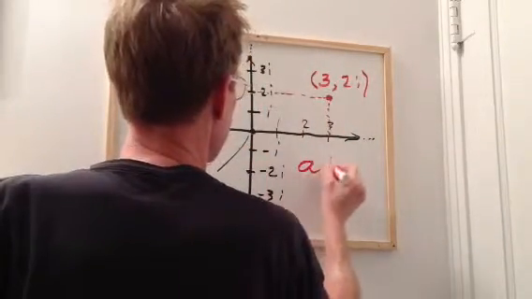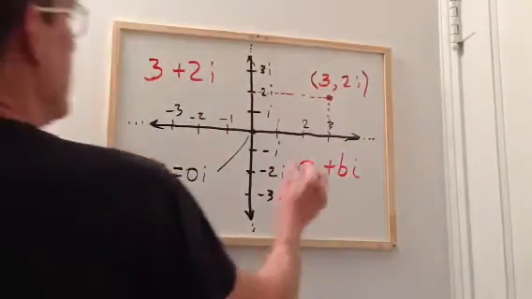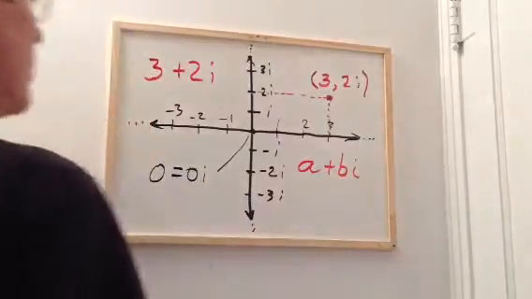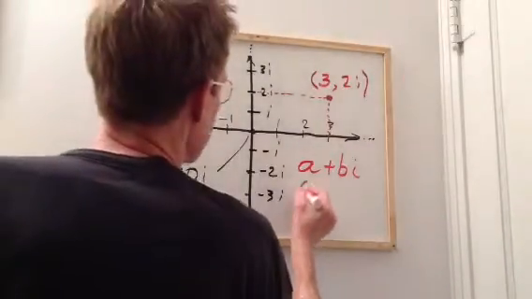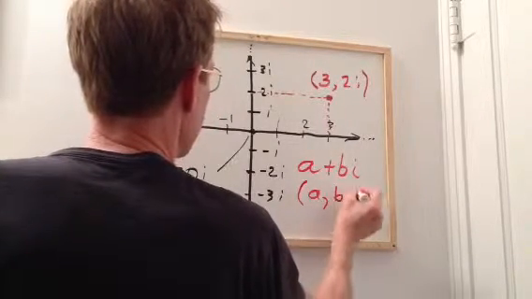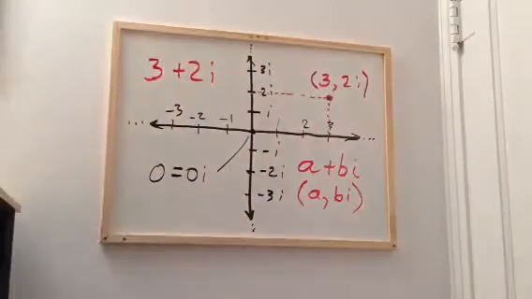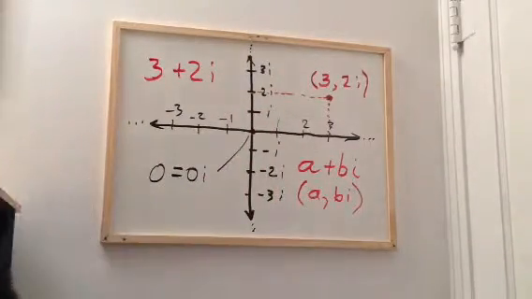If we have, say, a plus bi, where a and b are both real numbers, that corresponds to the point a, bi on this plane. So, we now have defined a whole new set of numbers, and these are two-dimensional numbers.